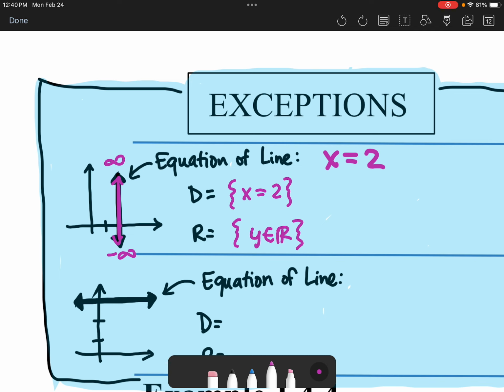I was going to write f(x) ∈ ℝ, but there's a problem with that function notation. Is this a function? It doesn't actually pass my vertical line test. So vertical lines are only relations. For that reason, I'm not going to write f(x) ∈ ℝ, I'm just going to write y ∈ ℝ.